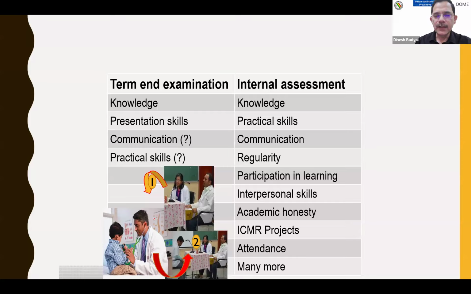And when the students are with you for 1 year, which of these skills can you actually assess? We are not talking about the university exam, where you have already told us there are limitations. On the other side, when the students are with you for 1 year, which of these components can you assess more?